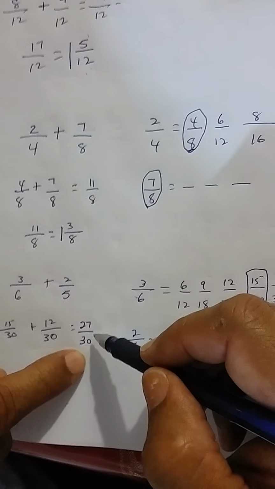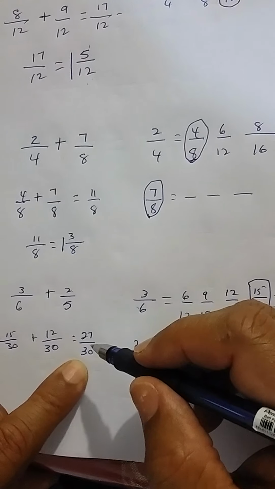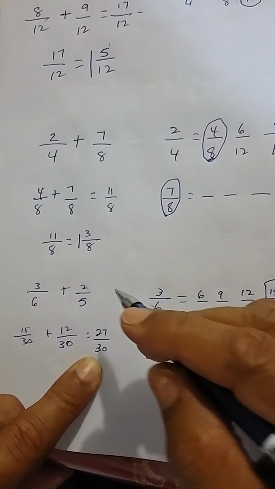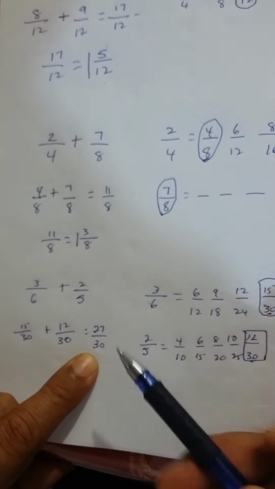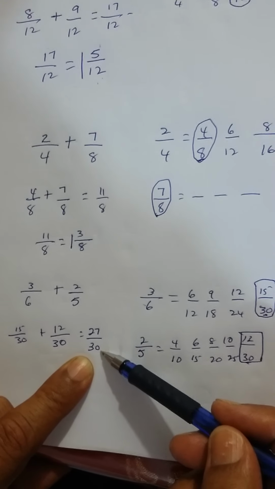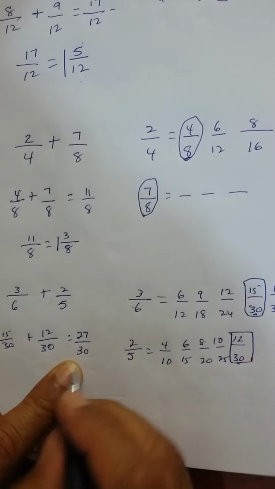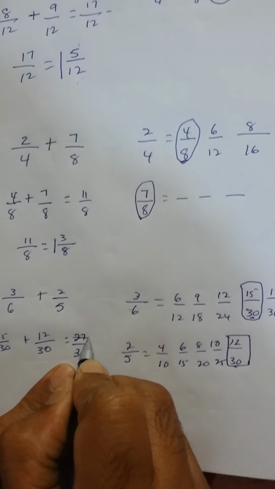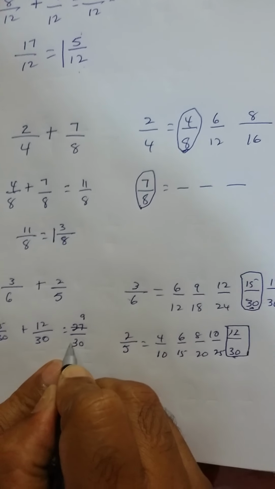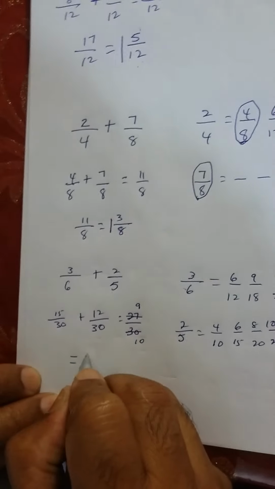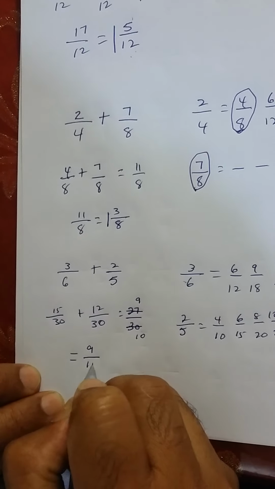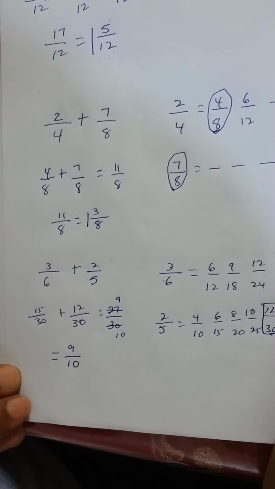When you get your answer, you check to see if you can reduce it and express it in its lowest term. And we did that skill before. So good. So what can go into 27 and 30? Yes, 3 into 27 is 9, and 3 into 30 is 10. So our answer is 9 out of 10, 9/10.